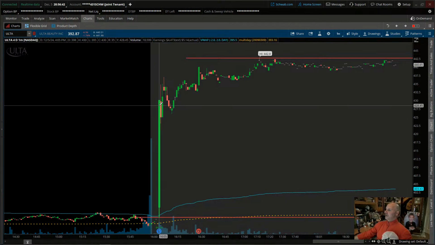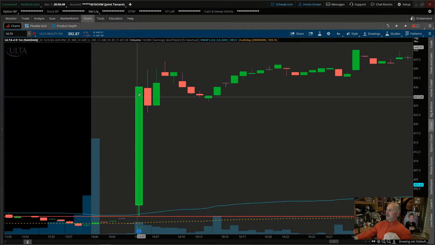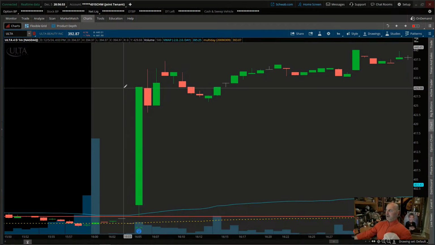430. And by the way, look, you got one of the biggest stocks on the planet, very popular, still obeying the half numbers and whole numbers, right? First candle reaction to $430, right?